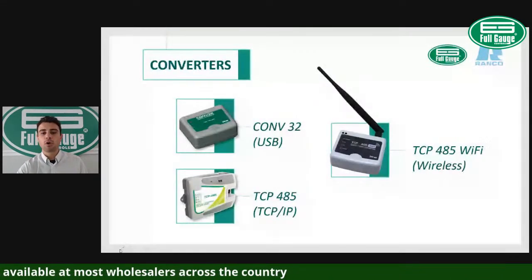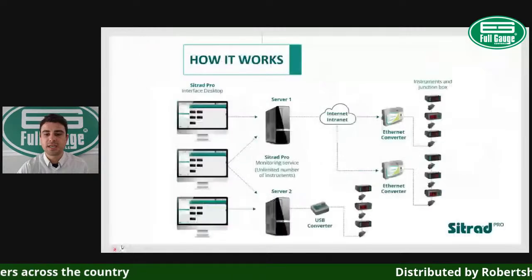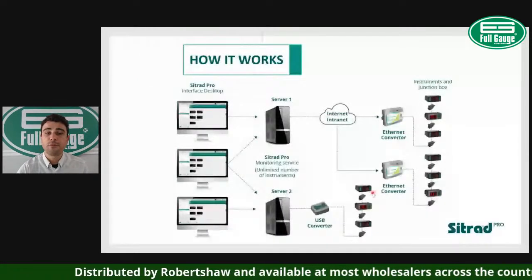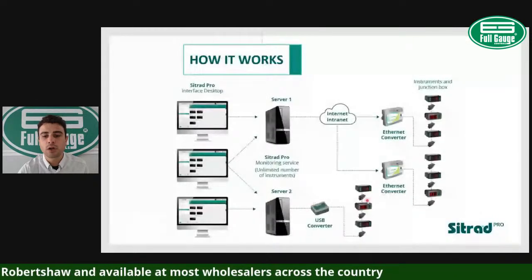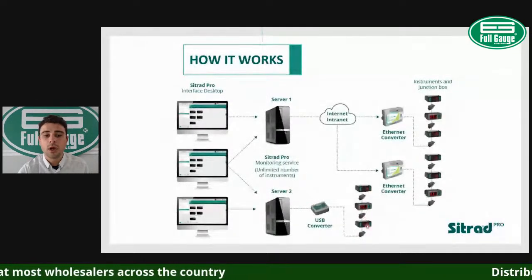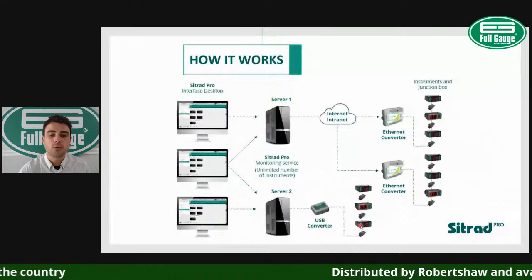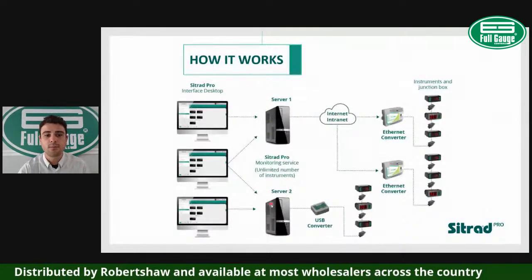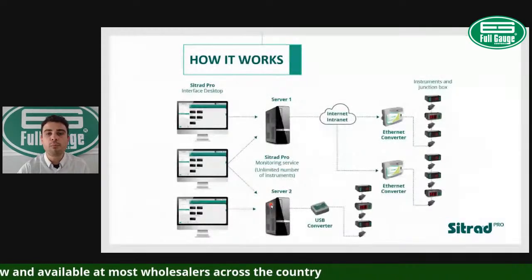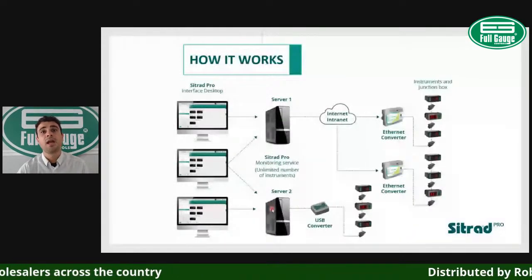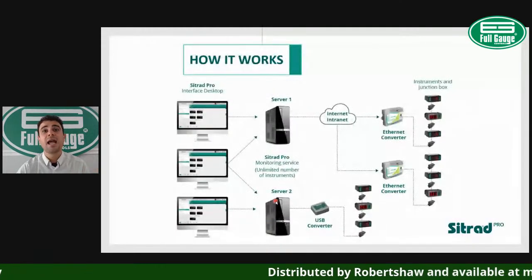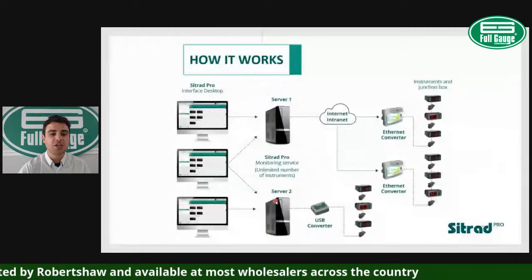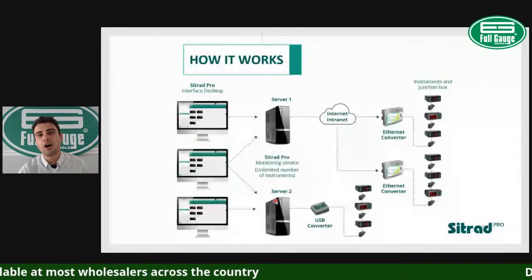So again, how that works, for example, I have two examples here. The most basic example is with my Conv32, where I have three different controllers connected to one Conv32, and the Conv32 is connected with a computer or a server that is hosting the C-TRAD software. Now, if this computer is connected to the internet, it's going to have an IP address, and via that IP address, it will allow a remote connection to other computers or cell phones.